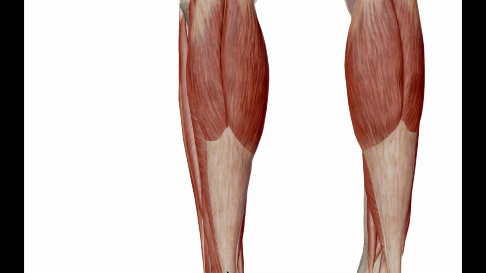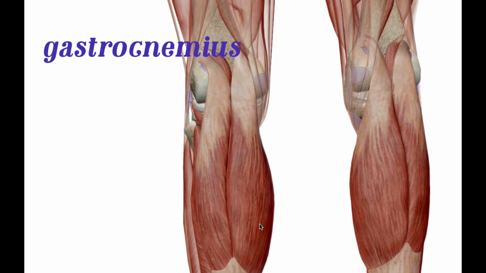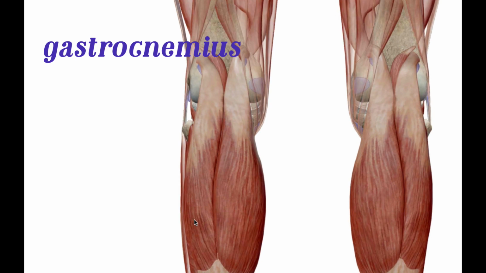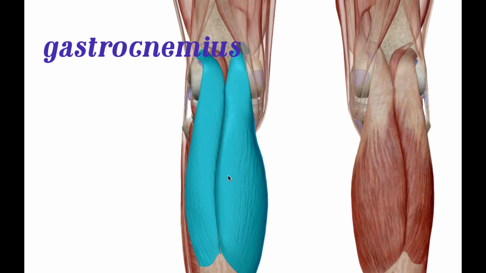So let's look at the gastrocnemius. This is the most superficial posterior muscle, and as you notice here, there are two bellies to the gastrocnemius. This is the calf muscle. You have the medial head and the lateral head of the gastrocnemius.